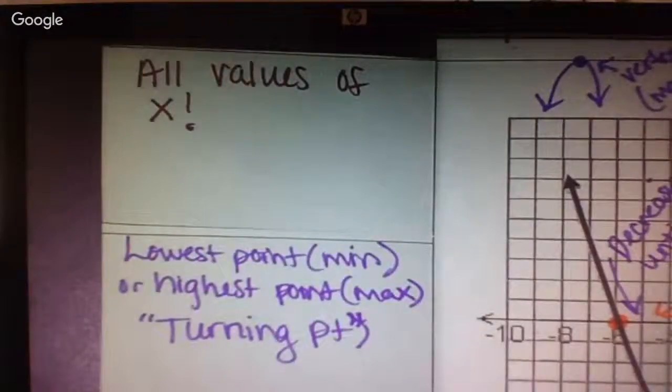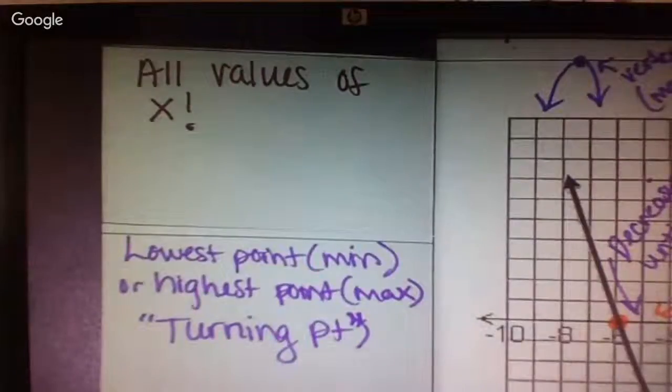So, my parabola looks like this. It's a nice parabola. What's happening up here? It's going up and up and up. As it goes up, it's also going which way? It's going out this way.